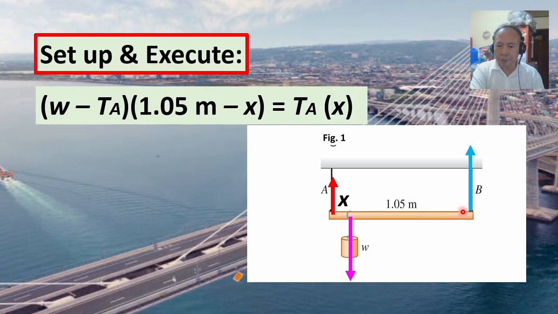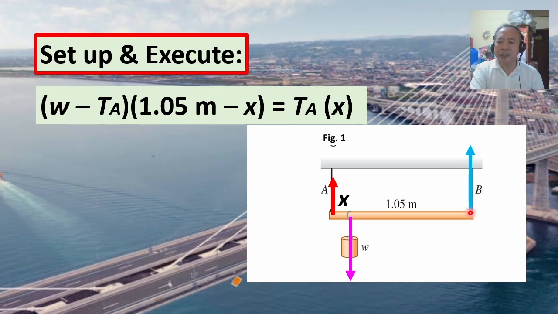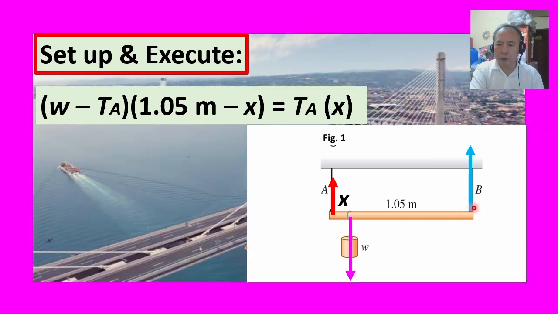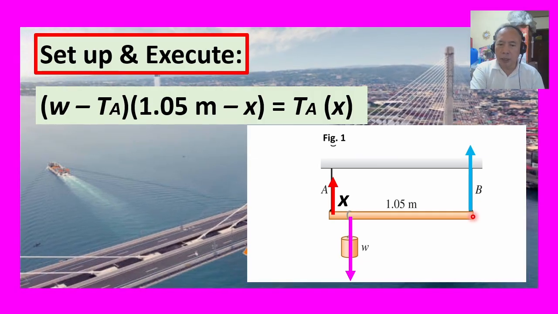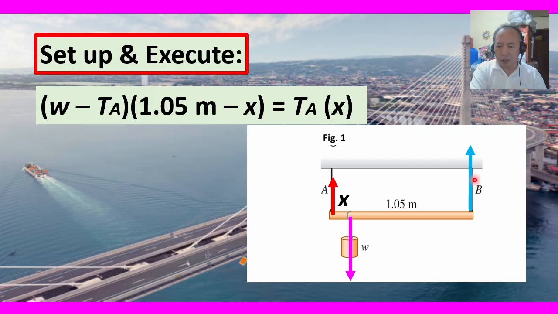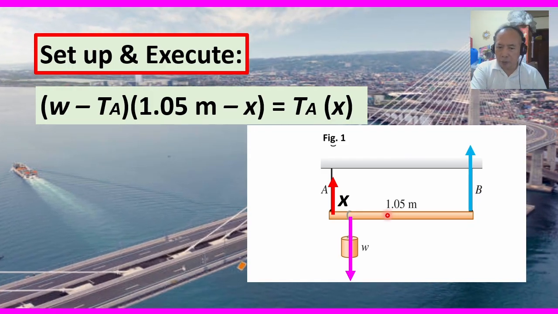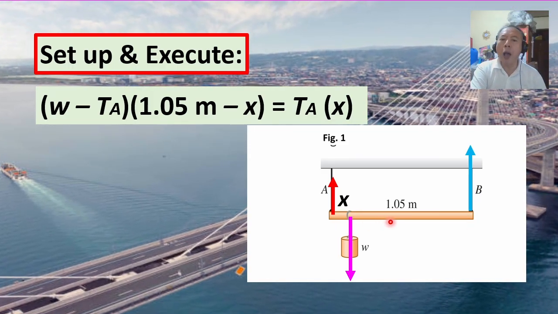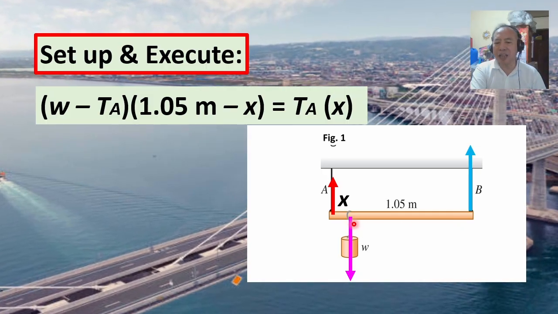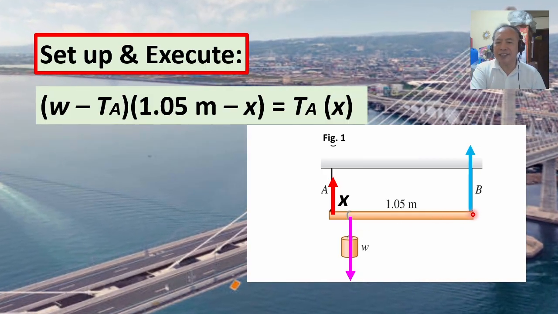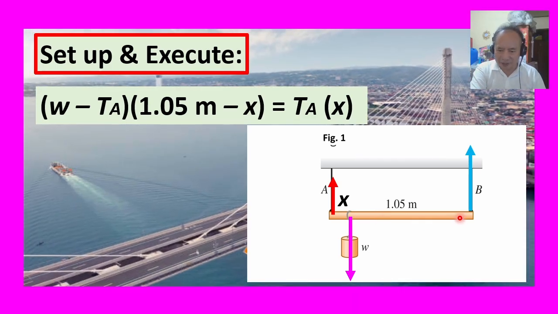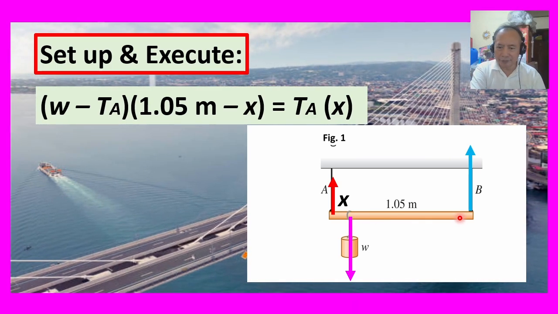And you will notice that if you exert that force T sub B with the rod fixed or pivoted at its axis of rotation, the tendency is for the rod to rotate counterclockwise.